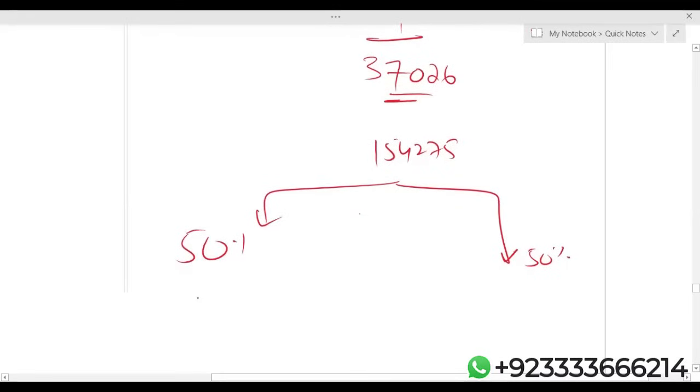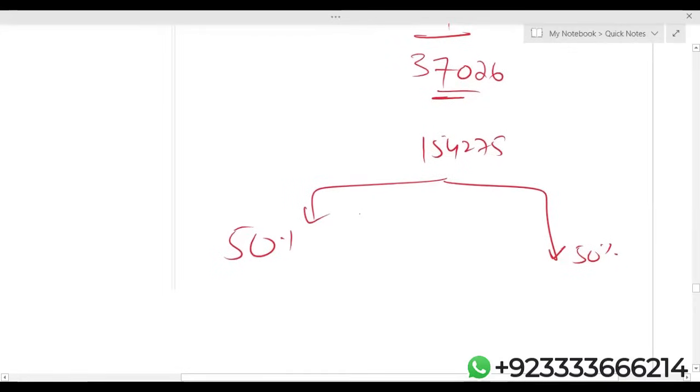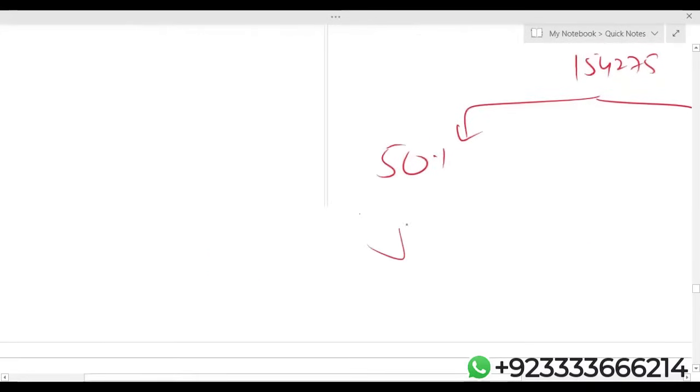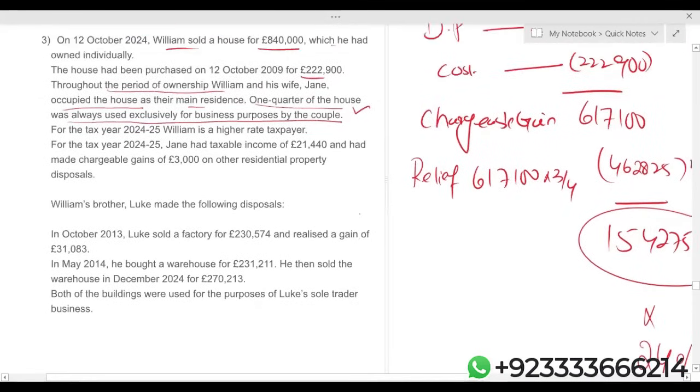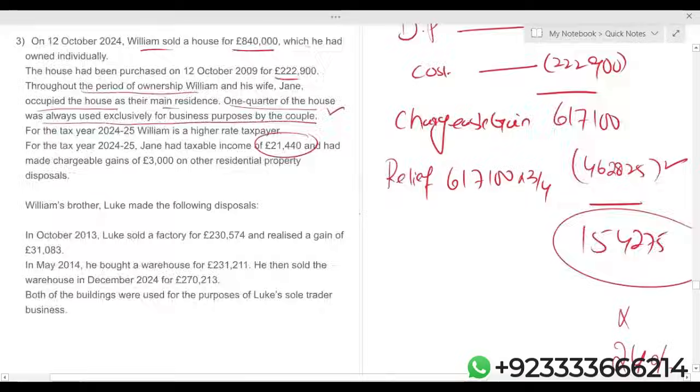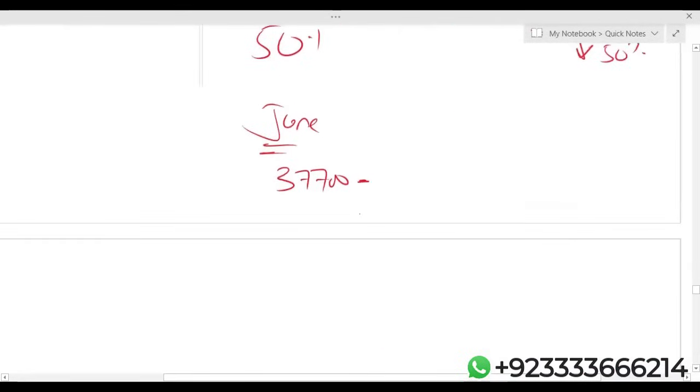You can make one difference very easily. Let me give you the shortcut. Actually, the basic rate band is 37,700 minus Jenny's taxable income of 21,440. So how much space is left? That is easier. In the basic rate band, Jenny has 16,260.